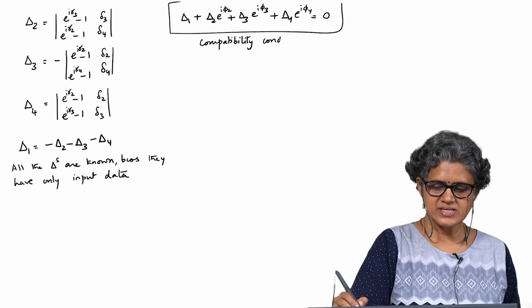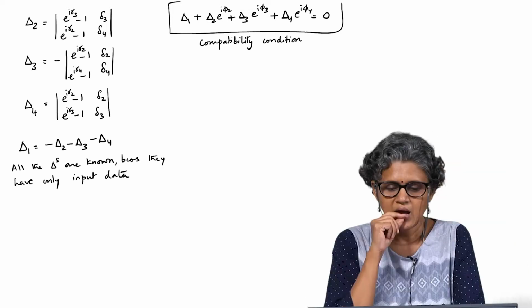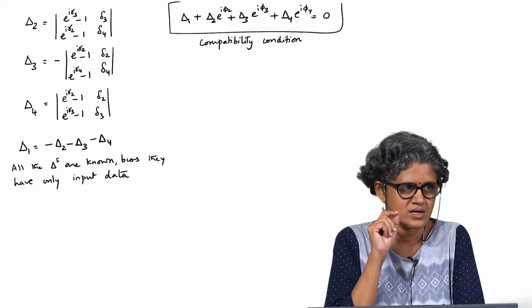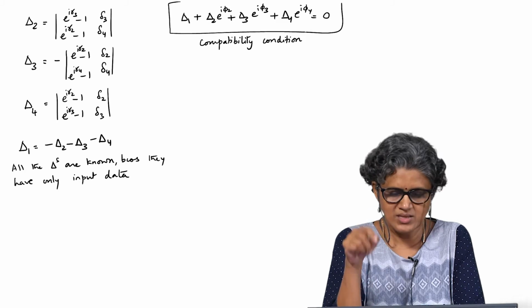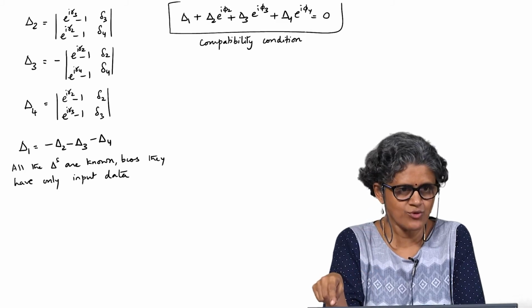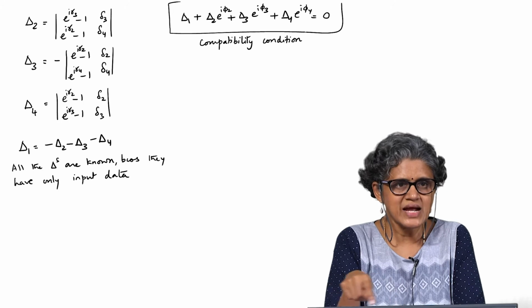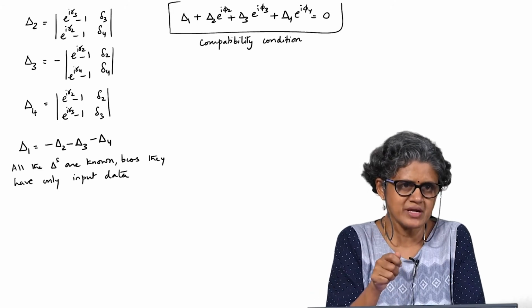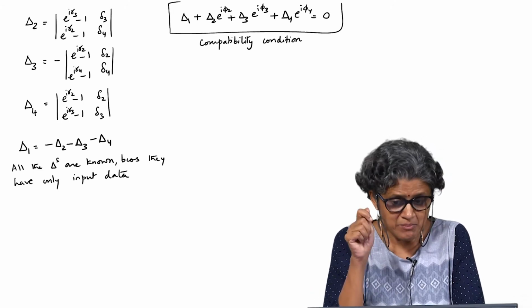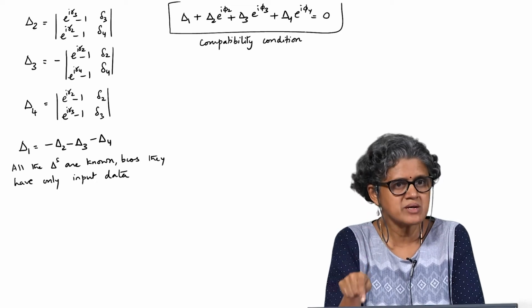What that says is, this phi 2, phi 3, phi 4 have to satisfy this condition. I can choose my phi 2 and then my phi 3 and phi 4 get determined by this condition.